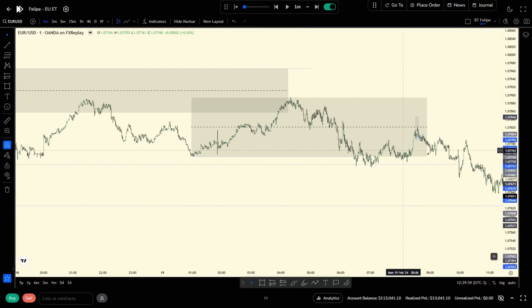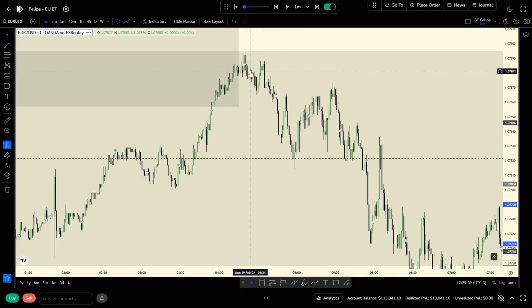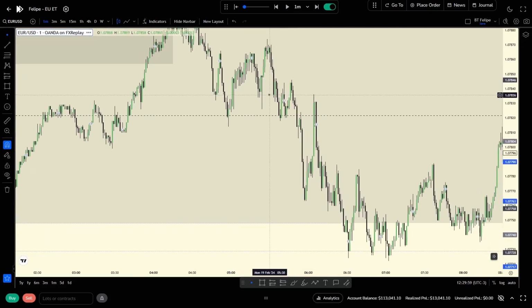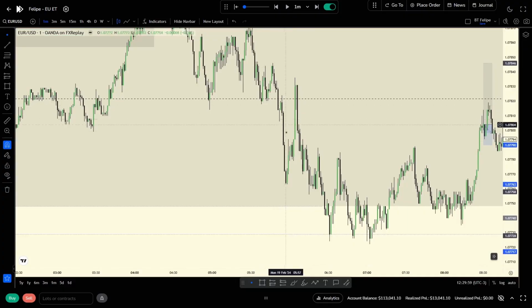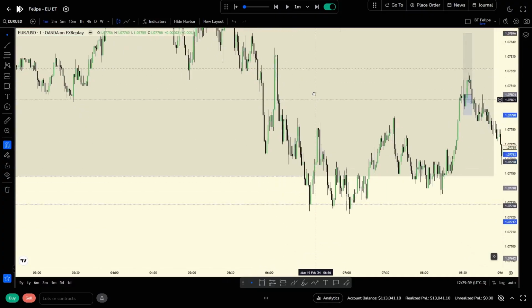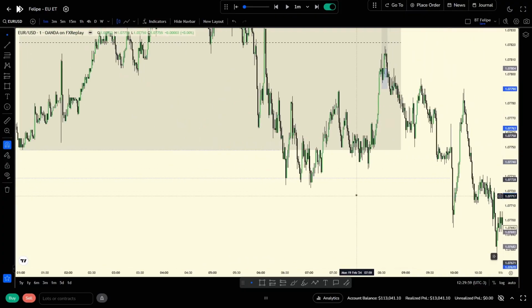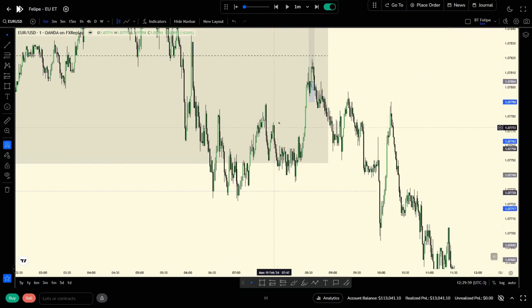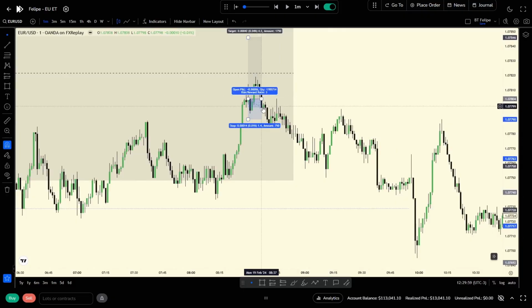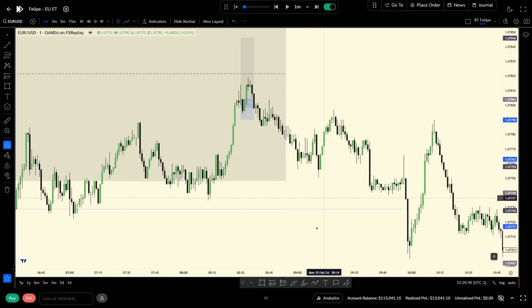And now here, basically only short. 5 a.m. Huge one here. Then one right above the demand, failed. This one is kind of ugly.